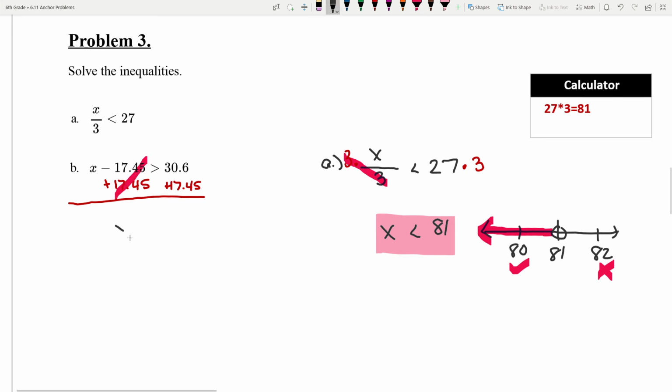We're left with x is greater than whatever 30.6 plus 17.45 is, and that is 48.05. So x is greater than 48.05. We'll just leave it at that.